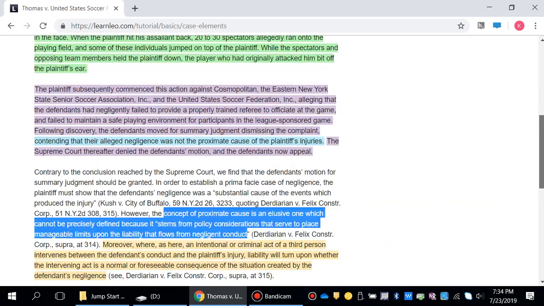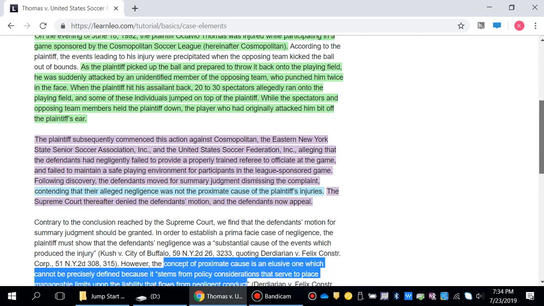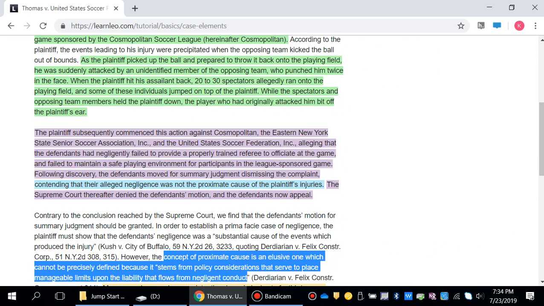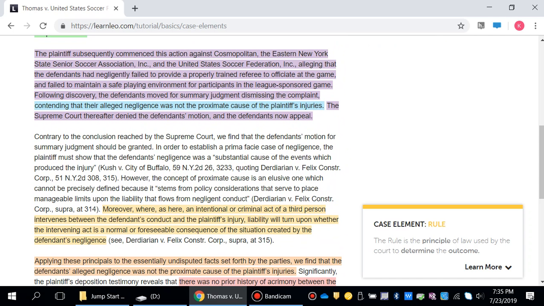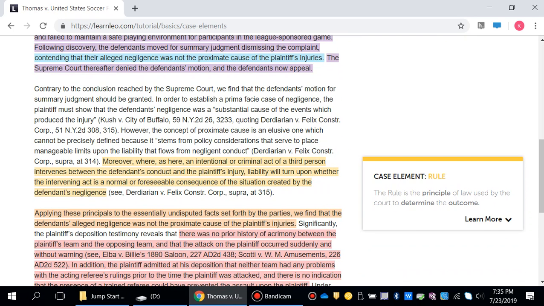So I guarantee you that this case would have been listed under proximate cause in your casebook, and you're using it to understand this concept of proximate cause. You're not studying it now, you don't have to worry about it, but this is just an example of a rule.